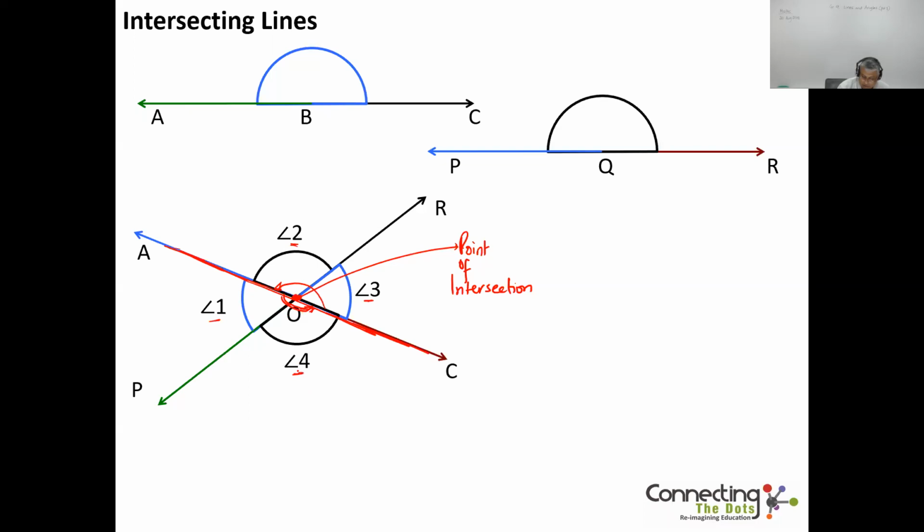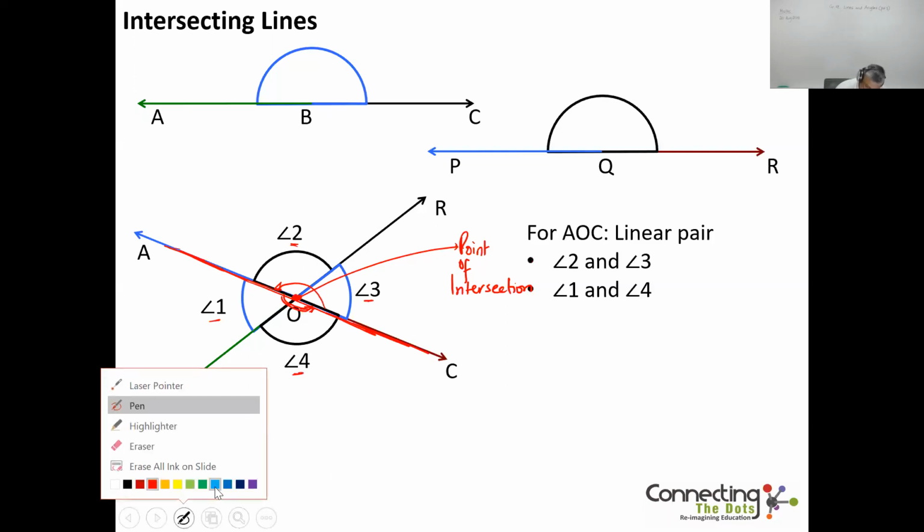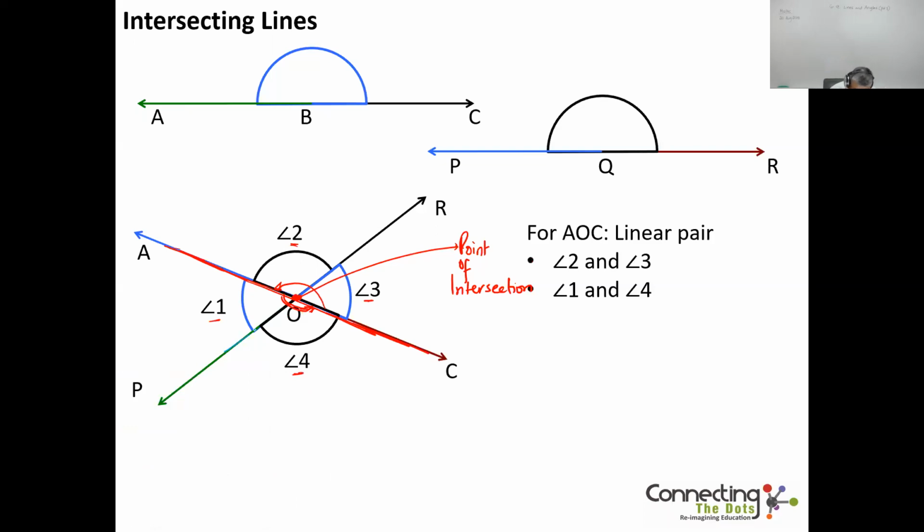So when we look at line AOC, I see two linear pairs, correct? 2 and 3 and 1 and 4. Now let's take the second line. If I take this line, again I see two linear pairs.